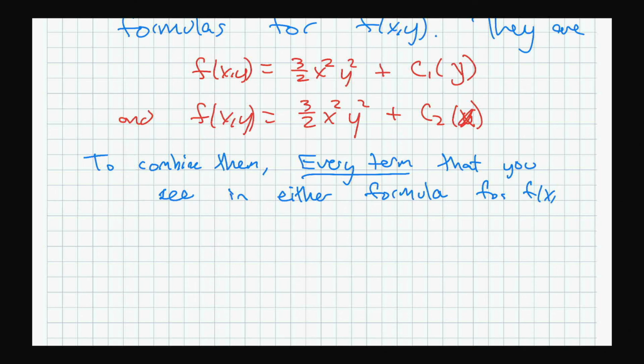They look the same here, but they don't always look the same. So any part that you see in either one of them is actually part of the real f. Don't leave any out. That's the key.